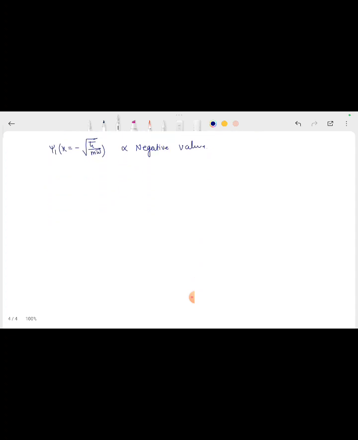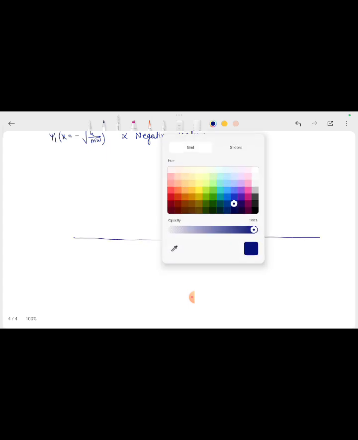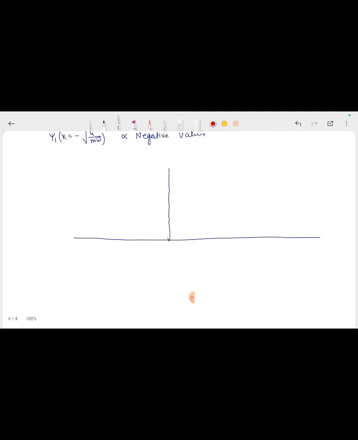So what is the shape of these eigenfunctions? This is the point x equals 0. This is the point x equals plus root under h cut upon m omega, and this side is x equals plus infinity. Again, this point is x equals minus root under h cut upon m omega, and this side is x equals minus infinity.